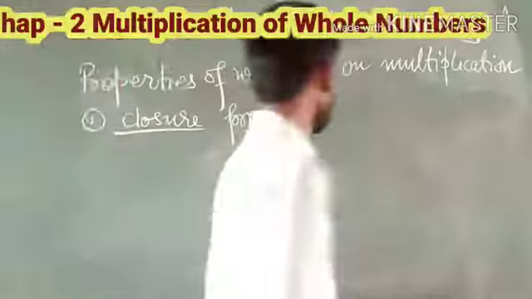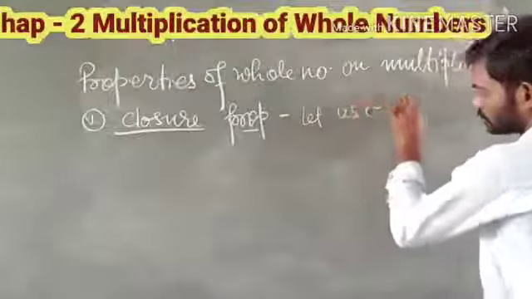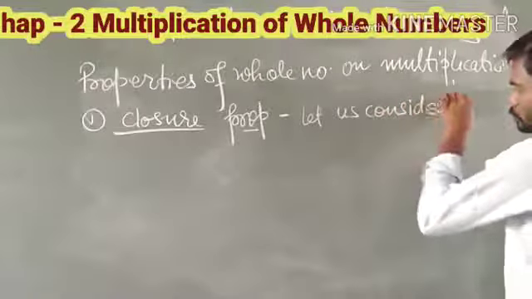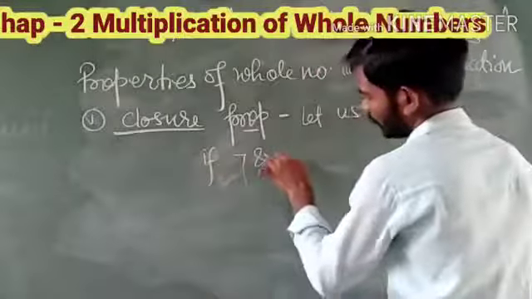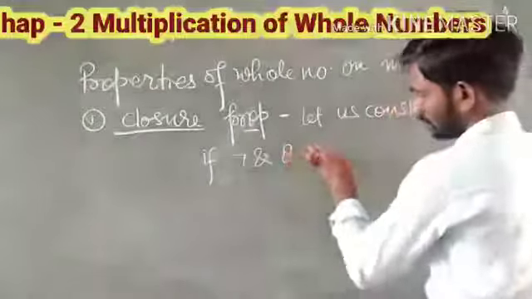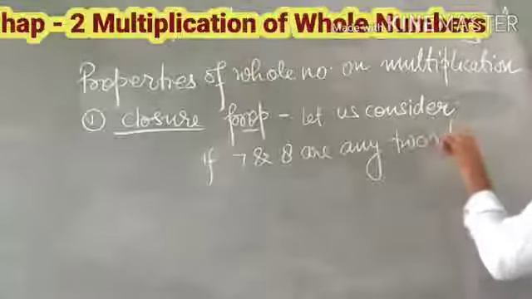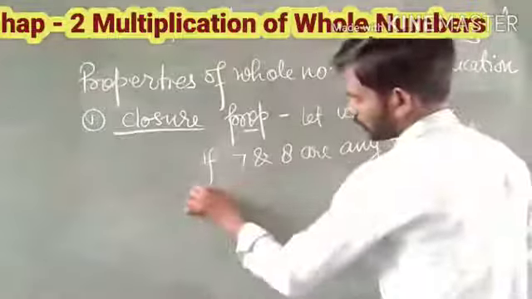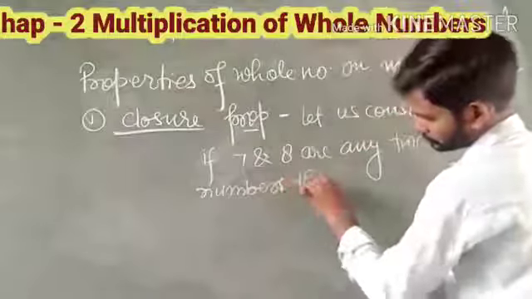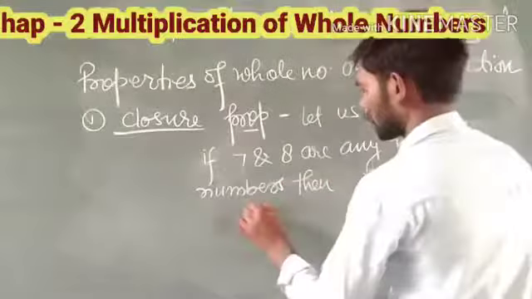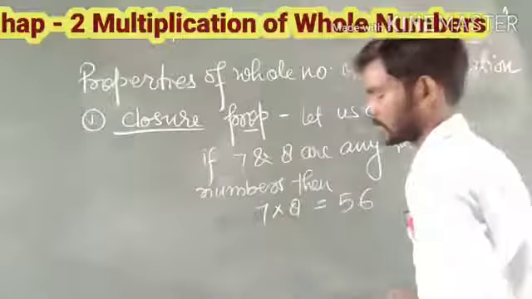So let us consider, if 7 and 8 are any two whole numbers, then 7 multiplied by 8 is equal to 56.